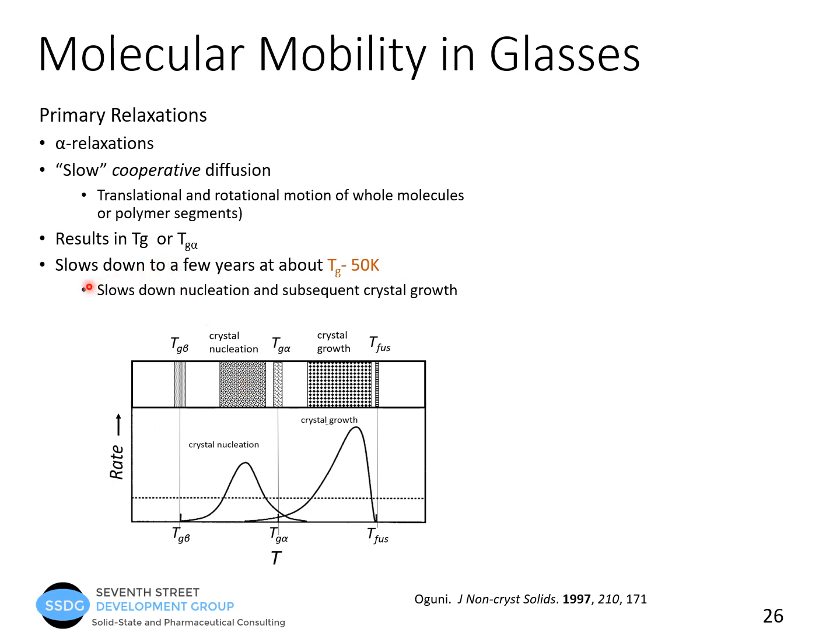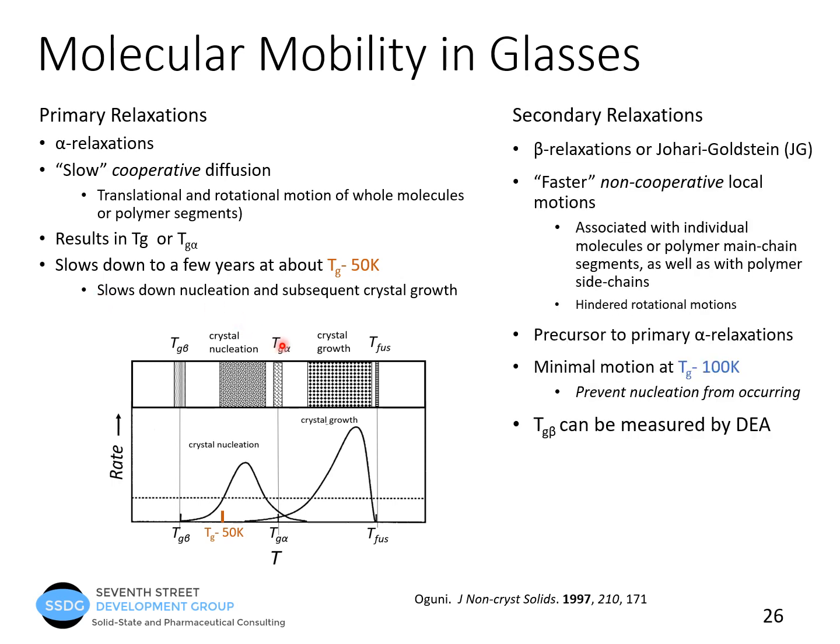So what we want to do is slow this down, and common practice tells us that if we want to slow it down to a few years, if we store somewhere at Tg minus 50, hopefully we're going to reduce nucleation to the point where we will have minimal crystallization and we can get shelf life for whatever it is, 3 years. So it slows down the nucleation and the subsequent growth.